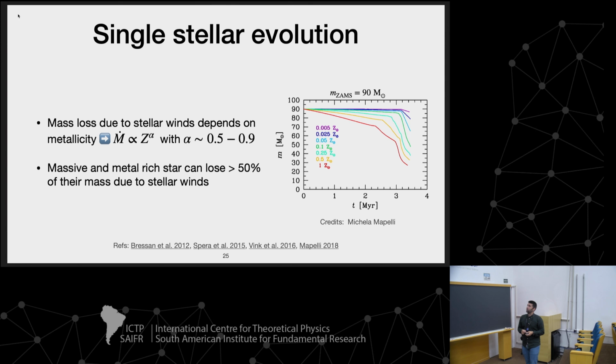So you can find a relation between mass loss and metallicity of the star, which is that one. This is the mass loss per unit time. It is proportional to a power law of metallicity, and this power law depends on the stellar system.